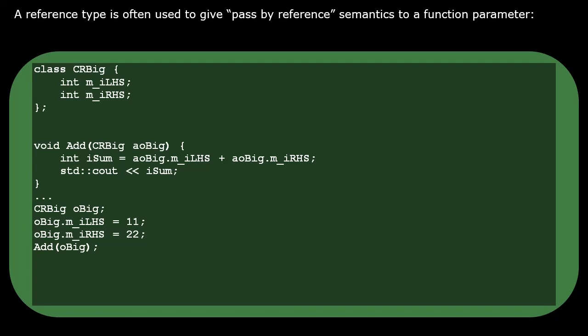While inside the add function, your program is manipulating its own copy of the object, that copy being stored in the form of parameter AOBig. A disadvantage of doing this is that copy construction can be quite inefficiently slow if CRBig is a big class containing a lot of data.